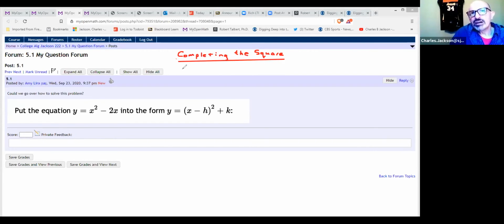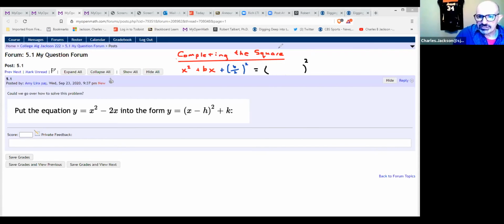And basically it came down to if you are able to write your expression or somehow isolate x squared plus bx, then if you can justify adding the square of b over 2 to that, then you're able to say, well, now we have a completed square.